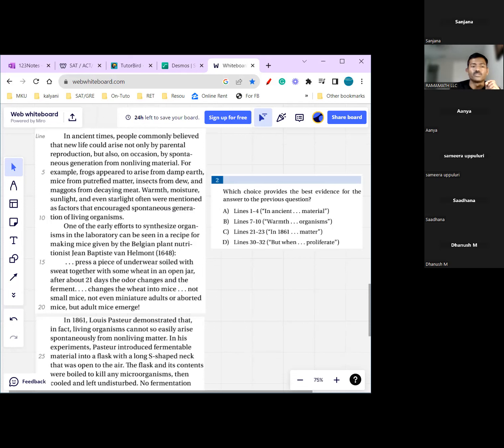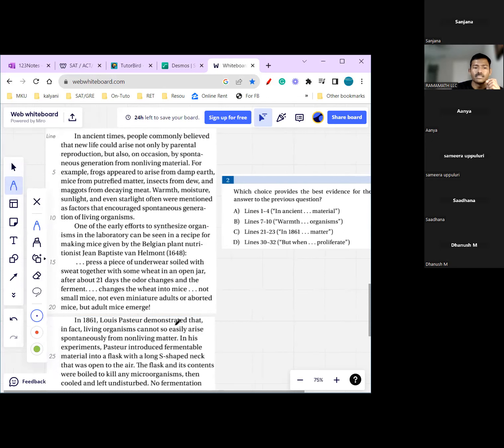If you look at line number 22, right here, see the pointer, you can see the author mentions that. Right here, basically, cannot easily arise from non-living matter. So the evidence for the previous question, C is the best answer.